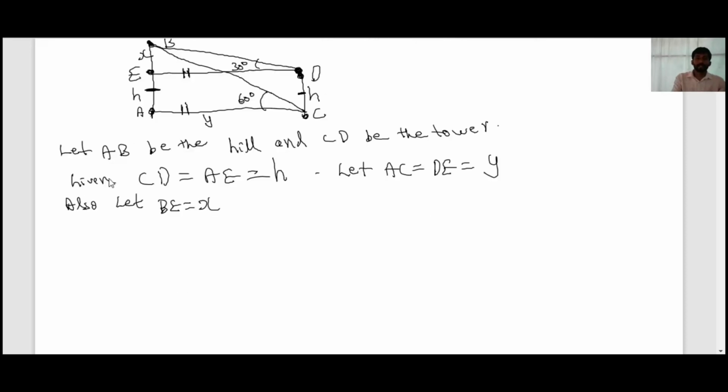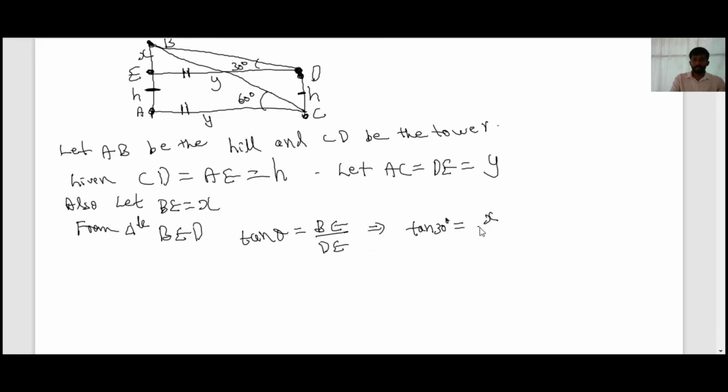Now consider the small triangle here, that is BED. Again use tan theta. Tan theta is equal to BE divided by DE. This implies tan 30 degree is equal to x divided by DE, and DE is equal to y.